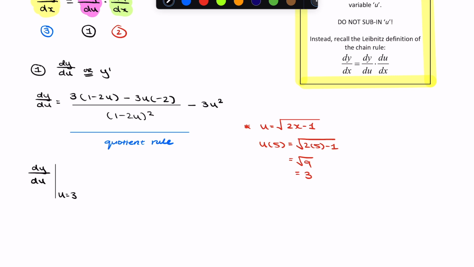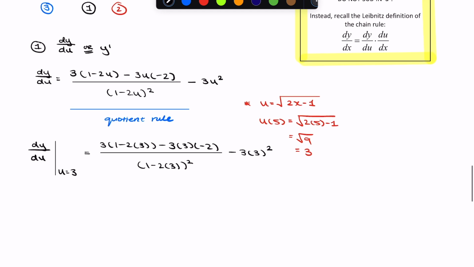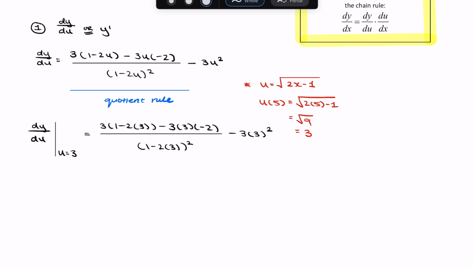So here it is equal to 3 times (1 minus 2 times 3) minus 3 times -2, over (1 minus 2 times 3) squared, minus 3 times 3 squared. Okay, so now we can simplify this.